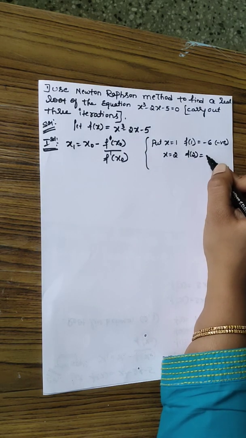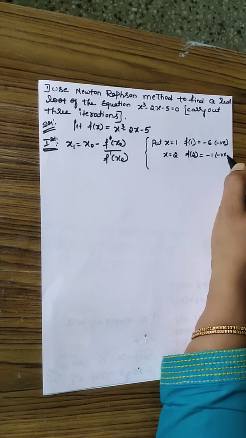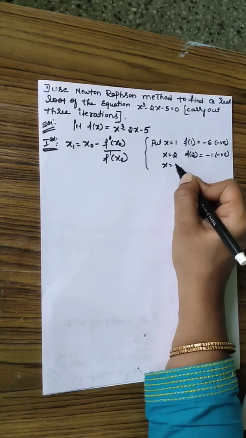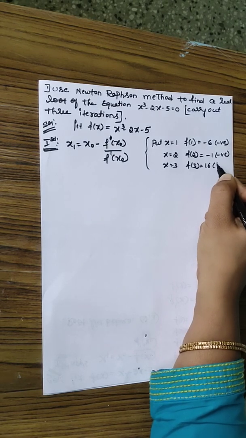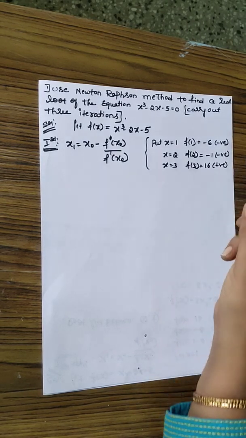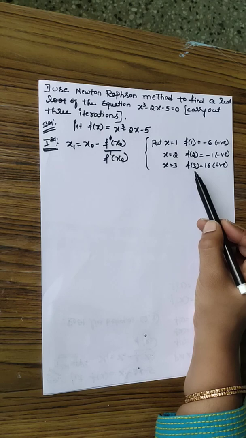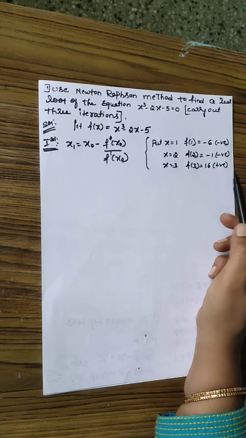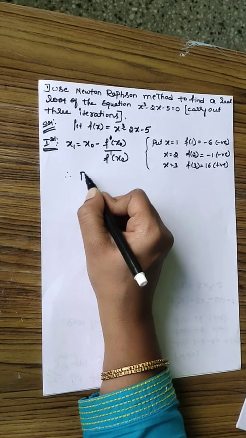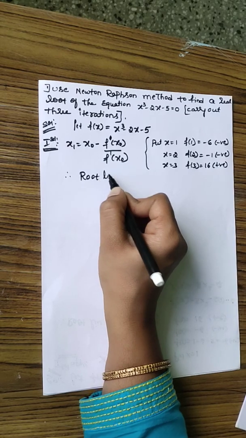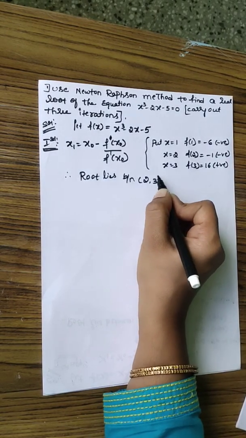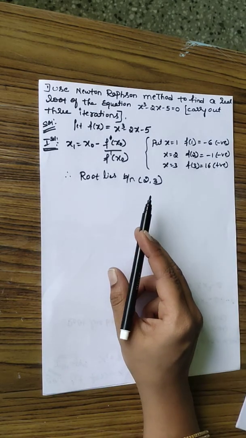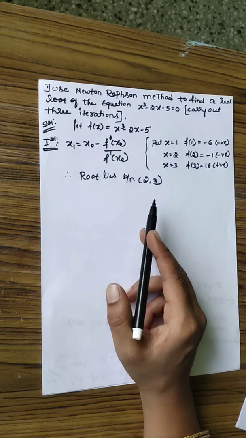After simplification, we get minus 1. This is also negative. And for x equal to 3, f of 3 equal to plus 16. This one is positive. Here f of a and f of b must have opposite signs. Therefore, the root lies between 2 and 3.